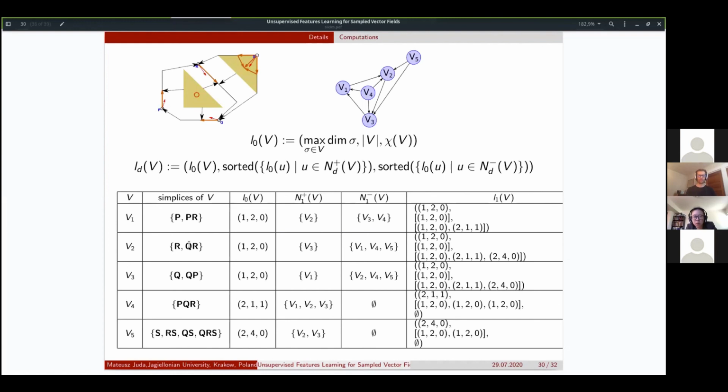I only told you that the method is in some sense based on the angle between the vector from the vector field and the edges of the triangulation. So more or less this is the criterion used there.